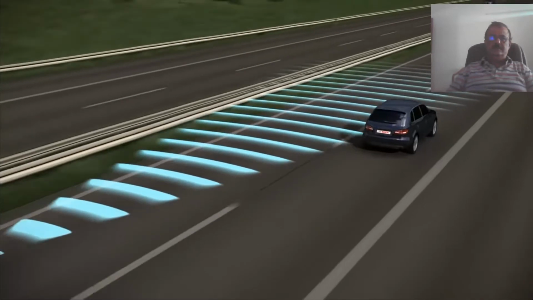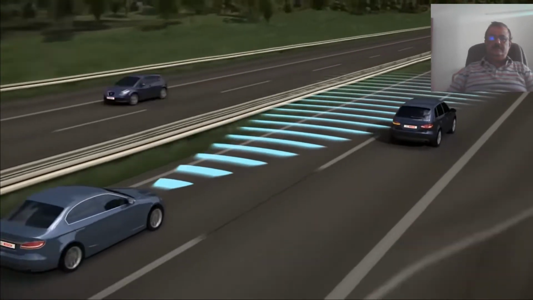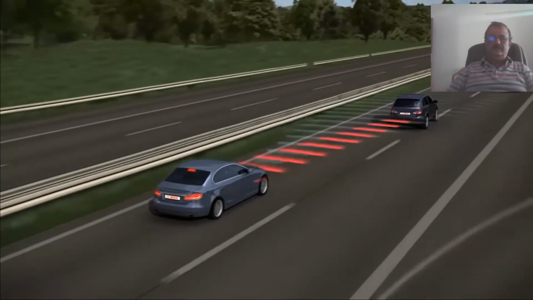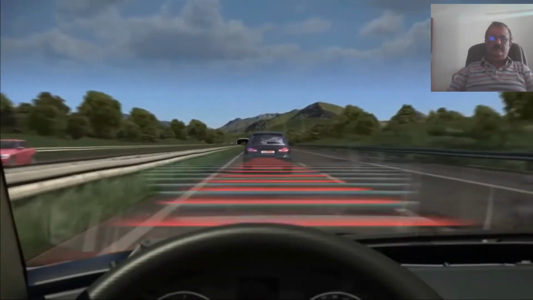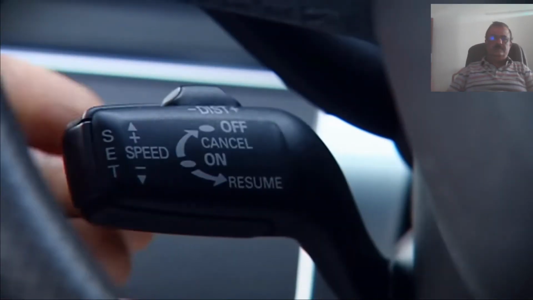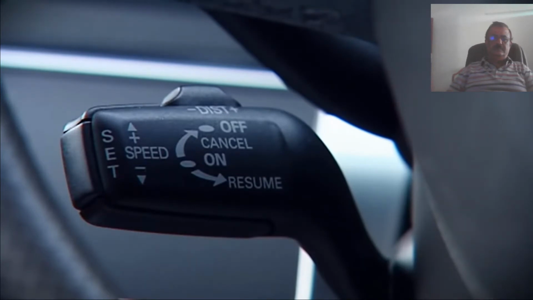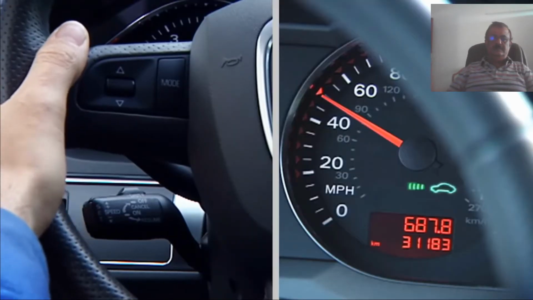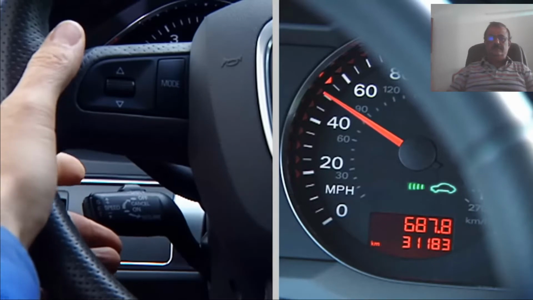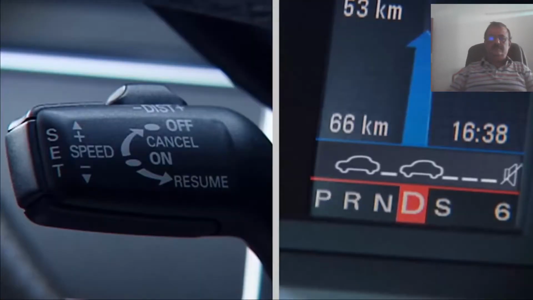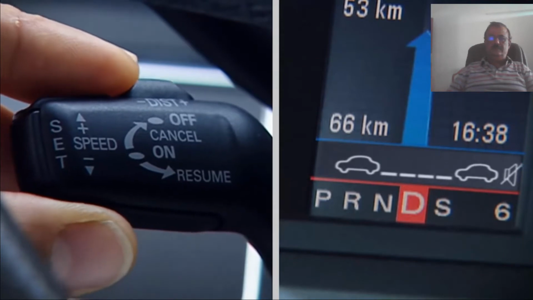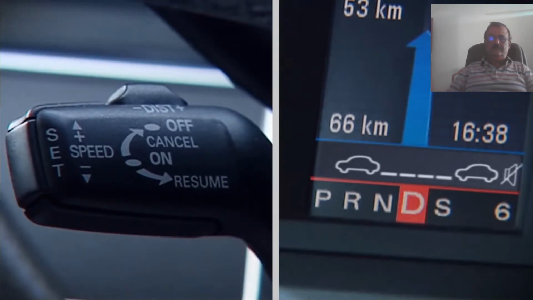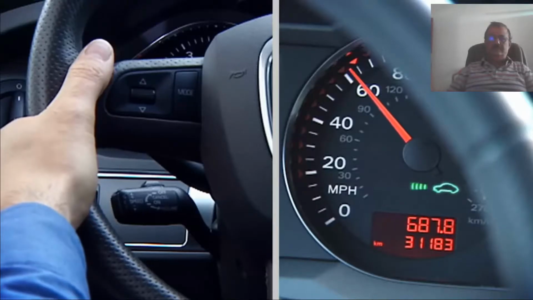The driver is thus able to better concentrate on the traffic situation and is supported in maintaining the safety distance to the preceding vehicle. ACC is easy to operate. The driver selects the desired speed and sets the distance to be maintained from the vehicle ahead. This distance can be set at several levels, adapting to the driving situation and individual driving style.